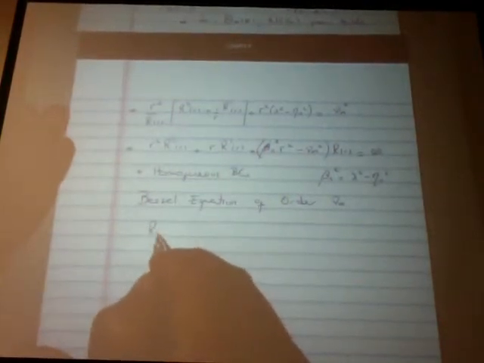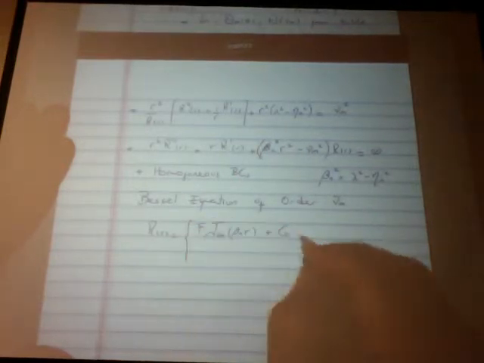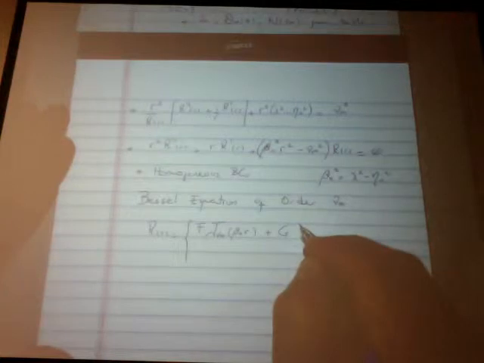So the R solution is equal to, remember, we are up to D, E, F, G: F times J of nu m of beta n r plus G times Y of nu m of beta n r.